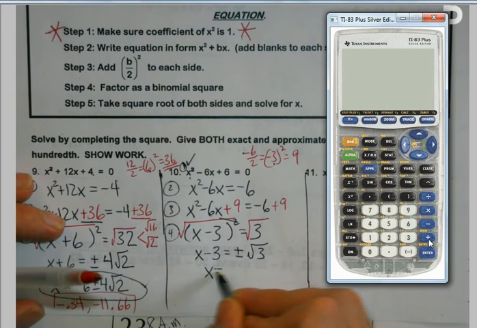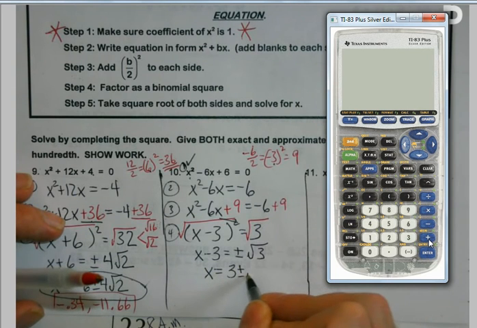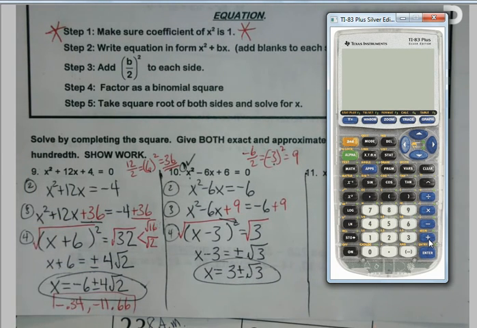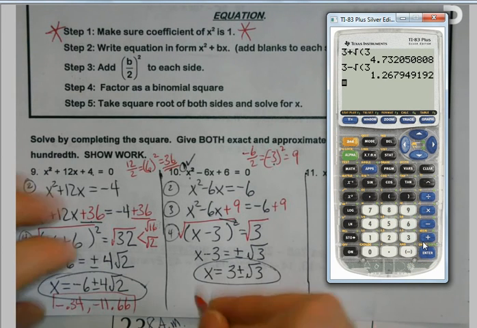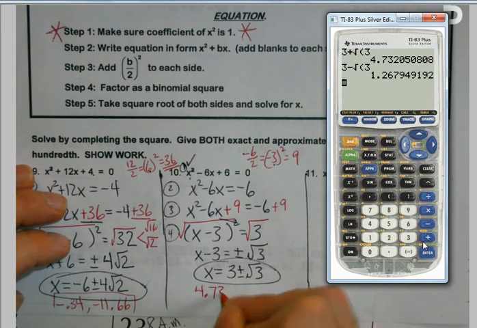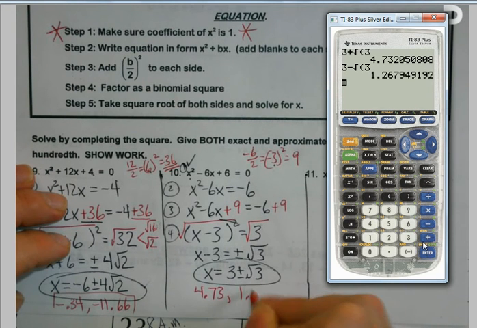And then add my 3 over. That gets me my exact answer. And then again, we'll just make sure that we get our two approximate solutions of 4.73 and 1.27.